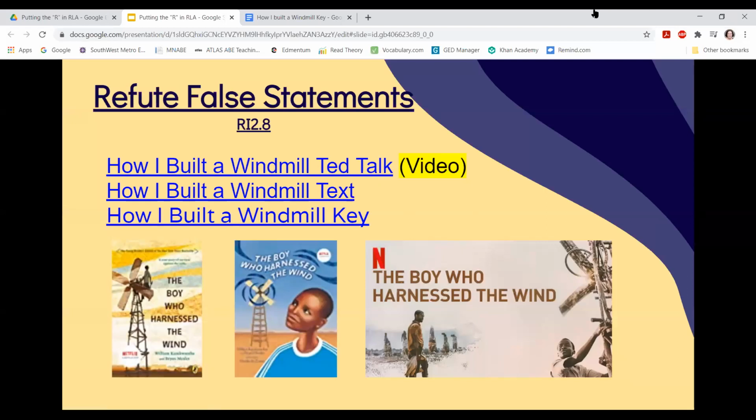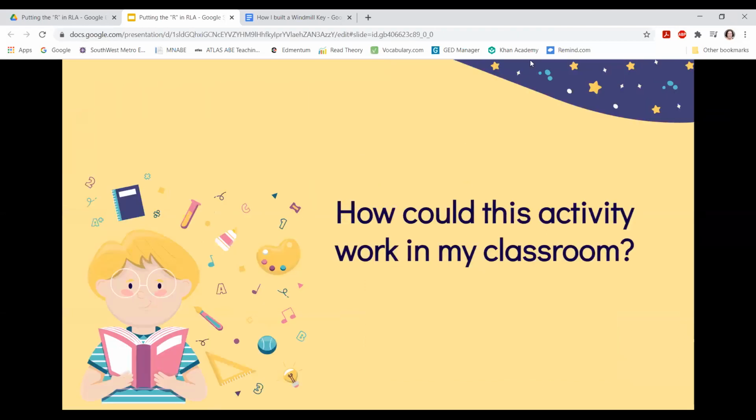Okay. Again, I'll flip over my timer here, and you have an opportunity to just jot down how this might work in your classroom, or if you have some questions for me, feel free.